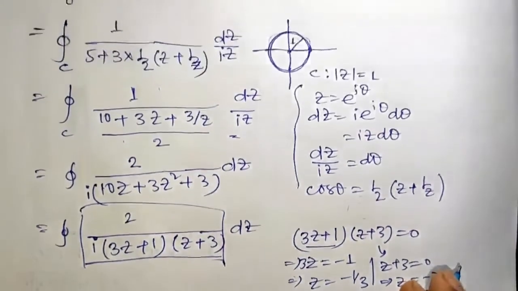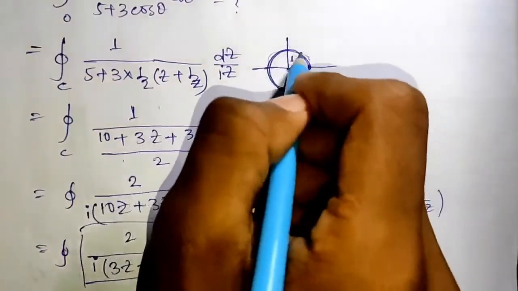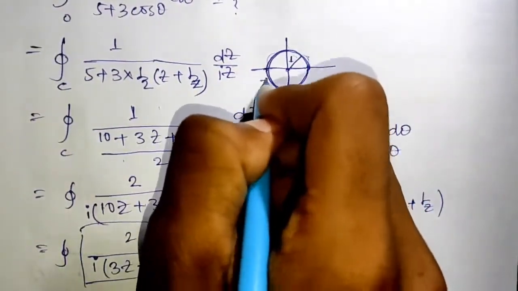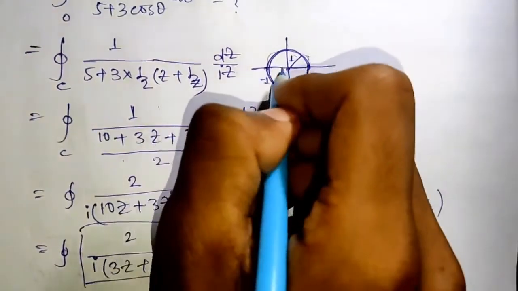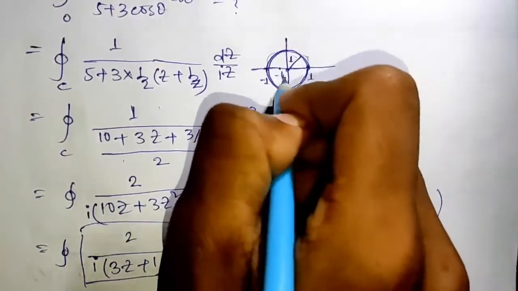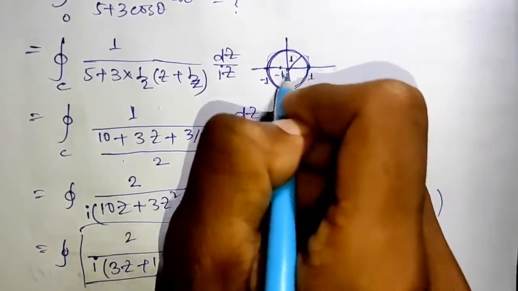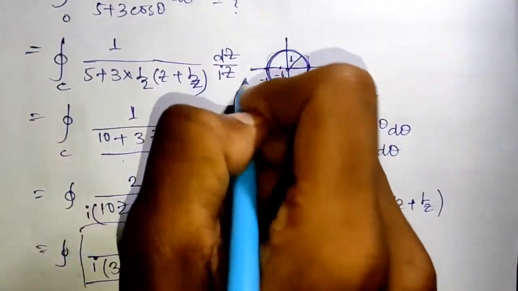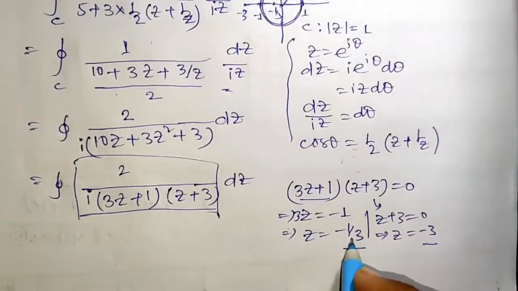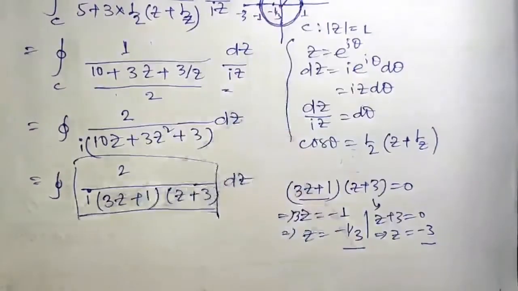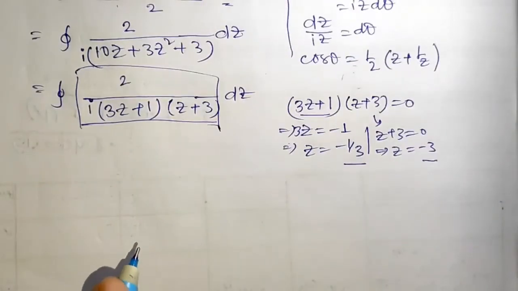Let us locate these singularities. This is a unit circle, so this is minus 1 and this point is plus 1, and minus 1 by 3 is inside this circle. So here somewhere is minus 1 by 3 and minus 3 is somewhere here. So only the minus 1 by 3 singularity is inside this circle C. Now we previously read our theorem, Cauchy's integral theorem.